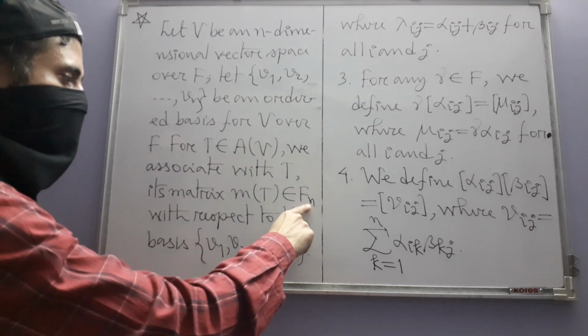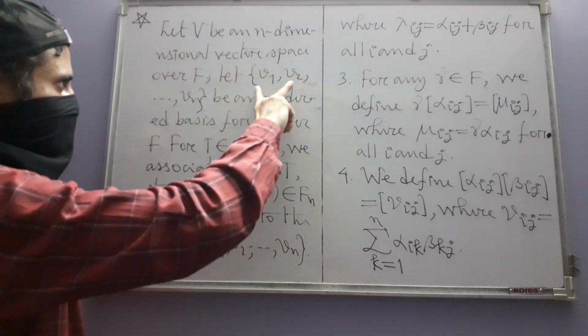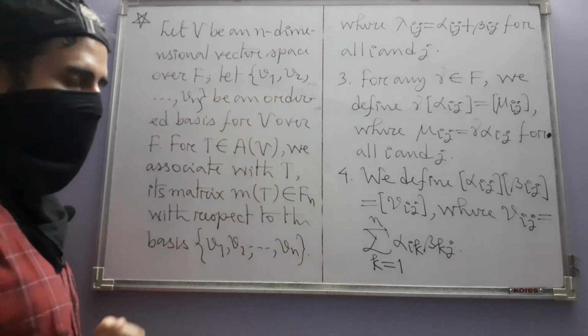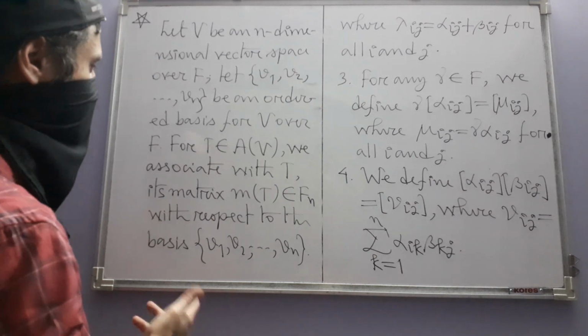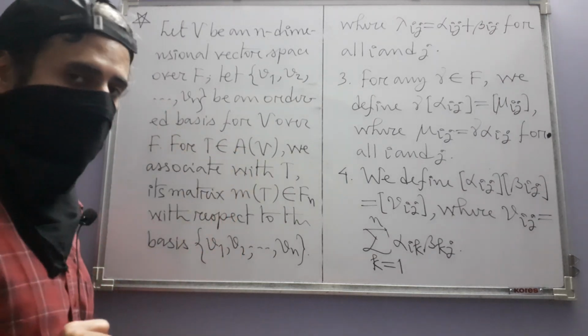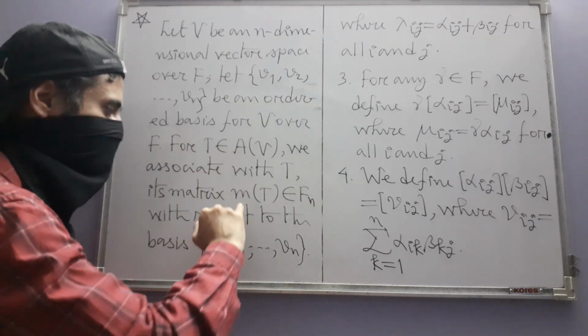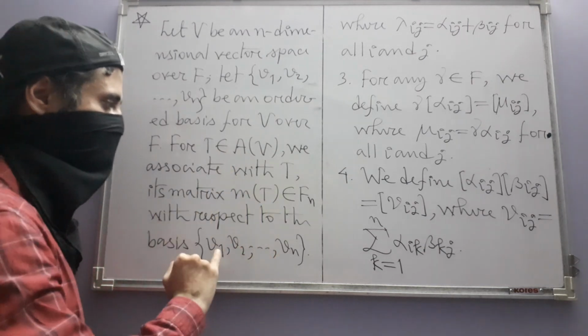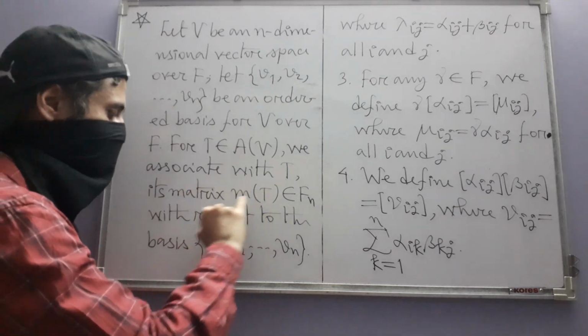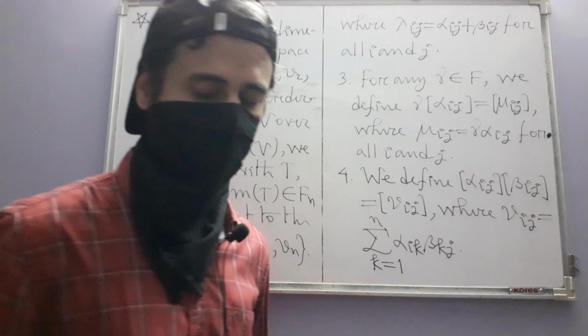On one hand we have Fn, on the other hand we have an n-dimensional vector space V, and we have chosen an ordered basis for V over F. Then for every T, every element in A of V, we are associating with that a matrix MT, which is the matrix of T with respect to this basis.